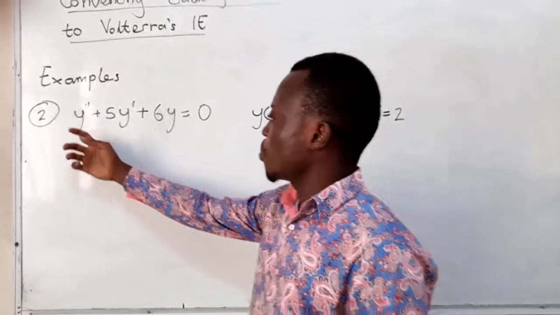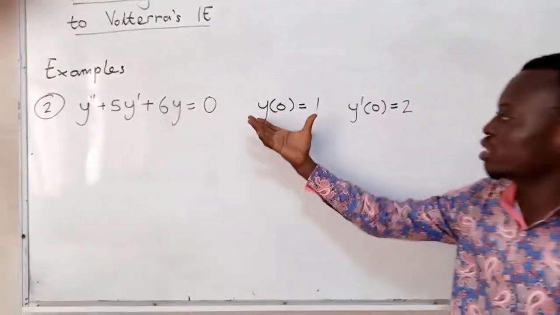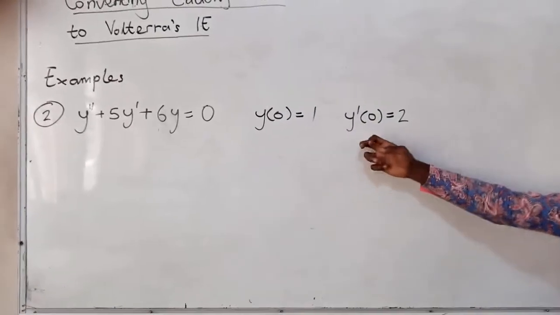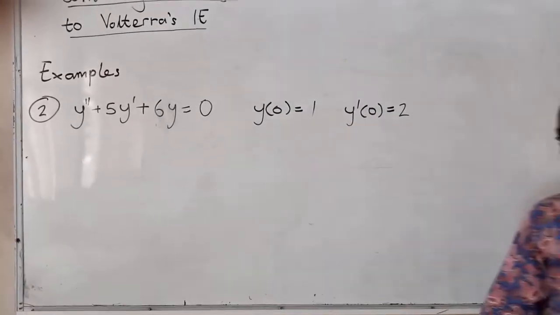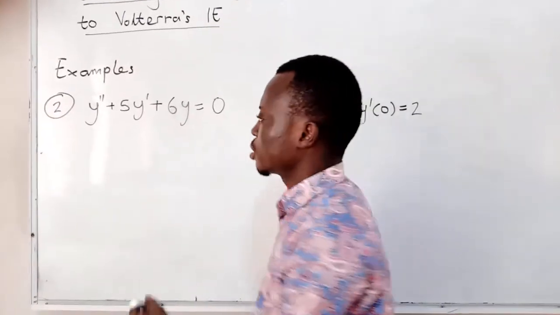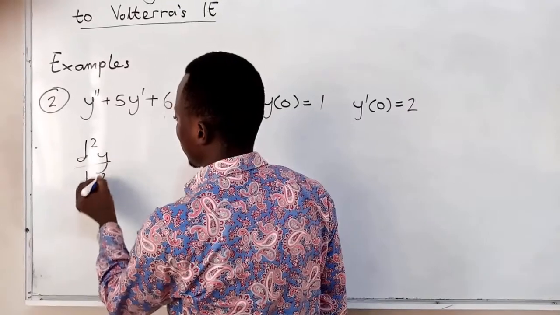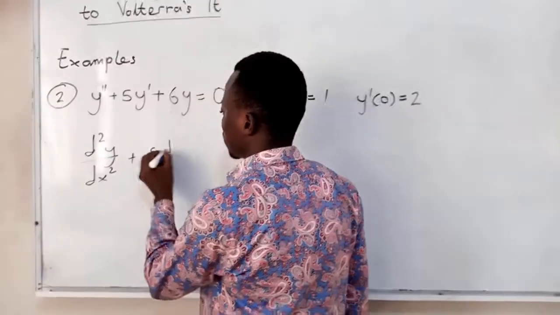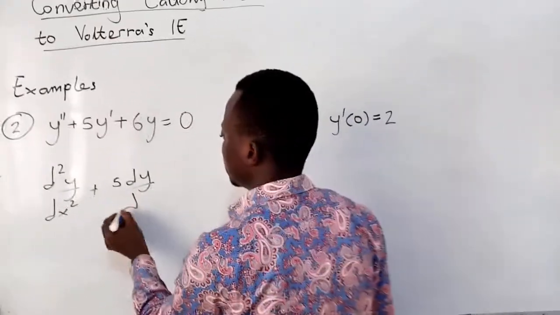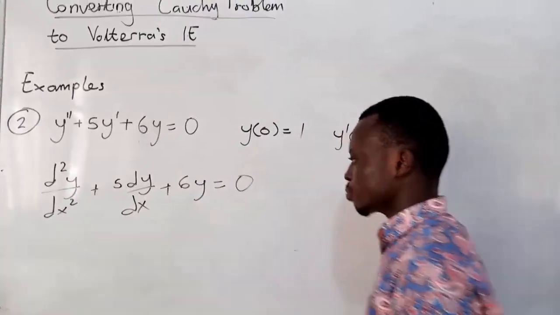In this example, we have y prime prime plus 5y prime plus 6y equal to 0, with the initial conditions y of 0 equal to 1 and y prime of 0 is equal to what? 2. And this same equation can be written as d square y over ds square plus 5 dy ds plus 6y equal to what? 0.